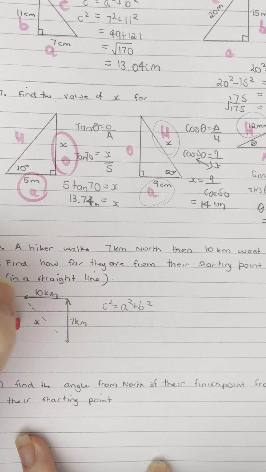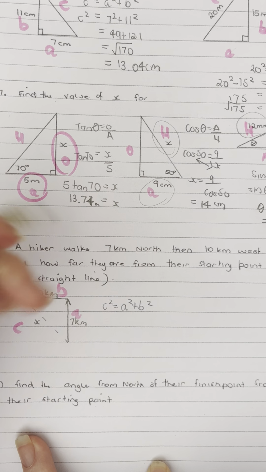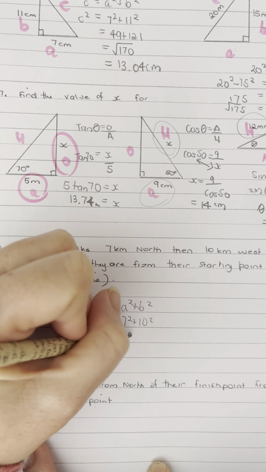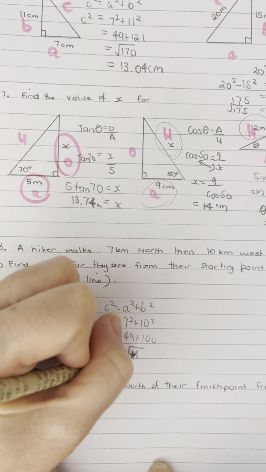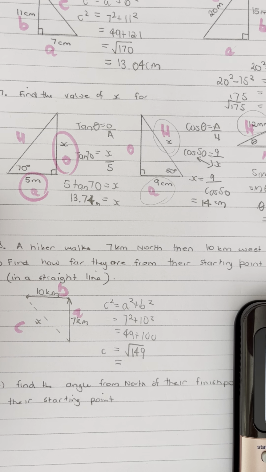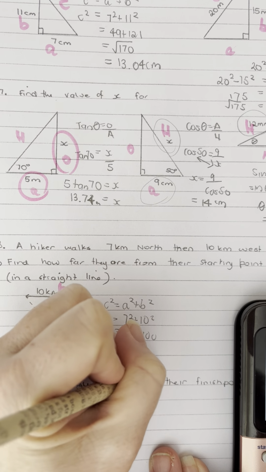And our x is our c. So we have got 7 squared plus 10 squared, 49 plus 100. So our c is going to be the square root of 149. So that's 12.2, and that will be kilometres.